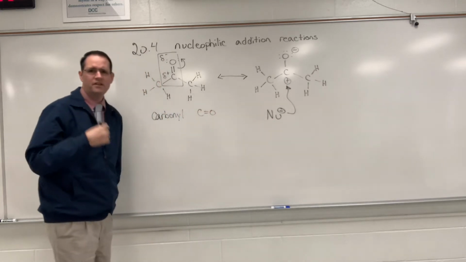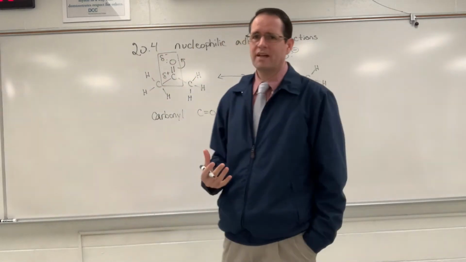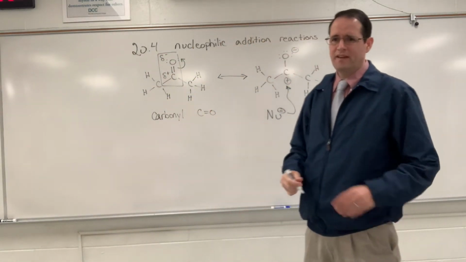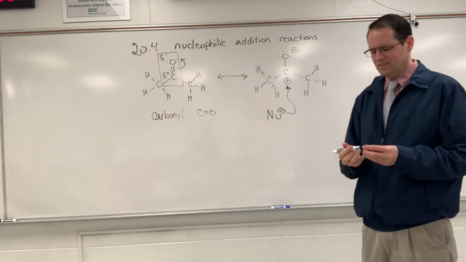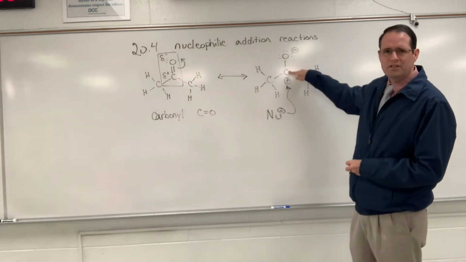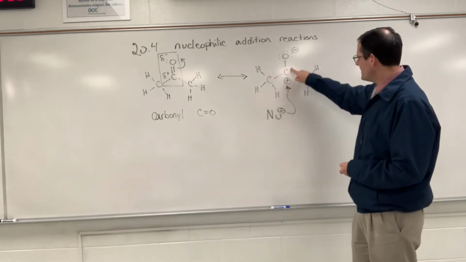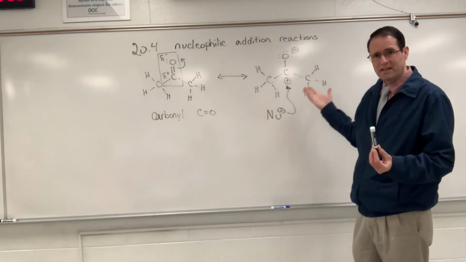Okay, so whenever you have a carbon-oxygen double bond or a C=O pi bond in an organic molecule, we're going to refer to that as the carbonyl. Now let's discuss these three different molecules. Now you see this carbon here, if we draw this resonance structure, has a positive charge, and it looks like that's a secondary carbocation.